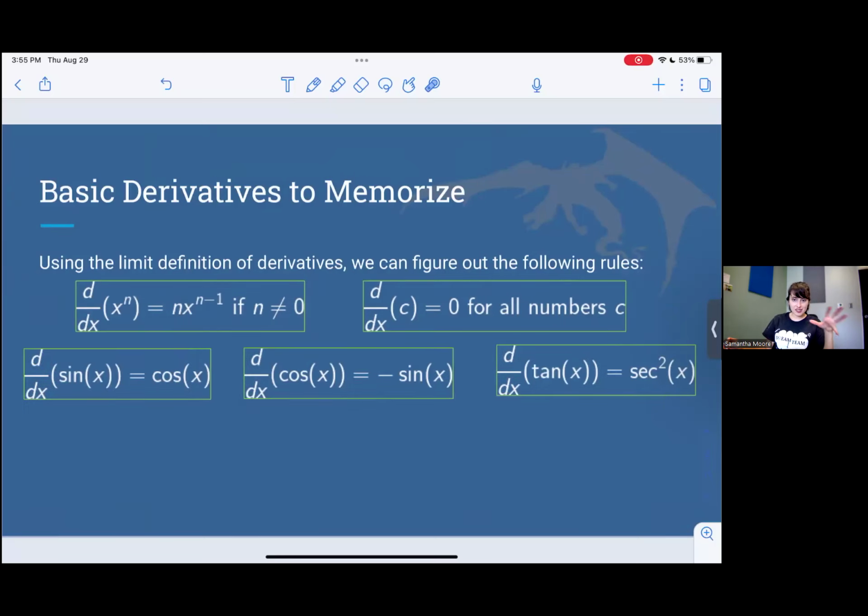The next set of basic derivatives that you should memorize is that the derivative of sine is cosine. Then the derivative of cosine is minus sine. This always confuses people. Make sure to keep those separate and remember which one has the negative sign. I also claim that the derivative of tangent is secant squared.